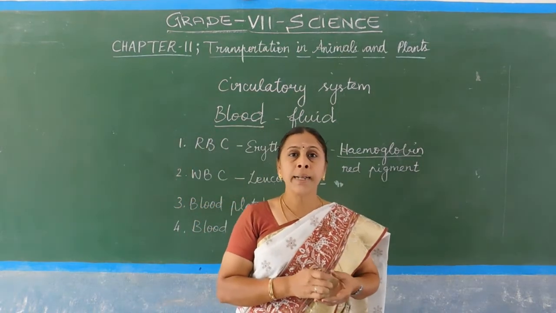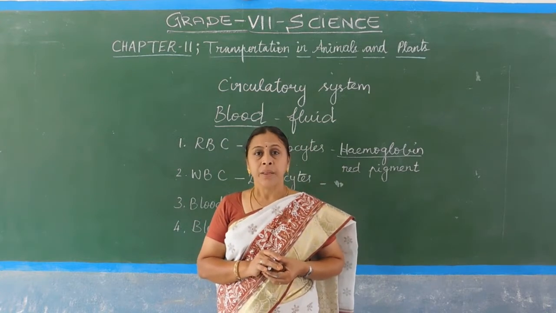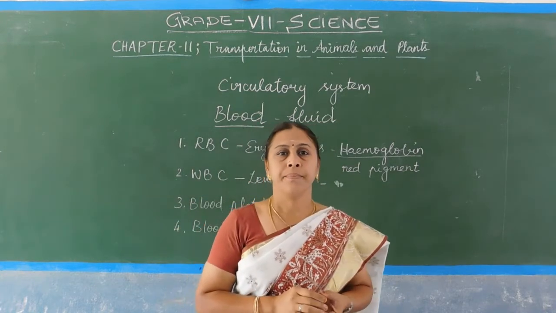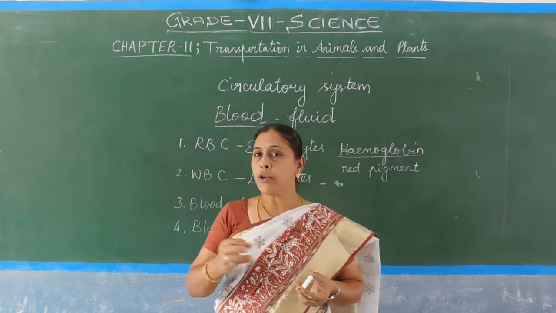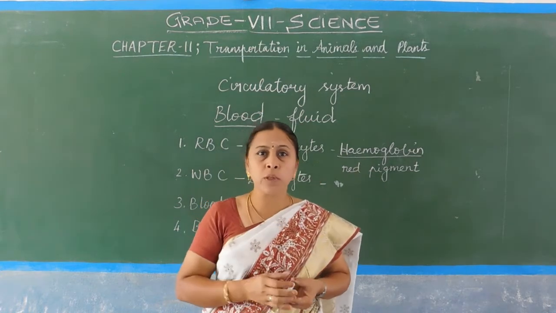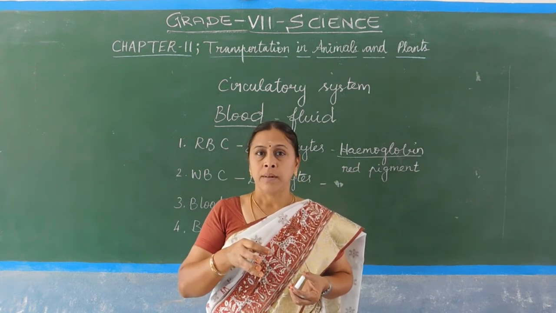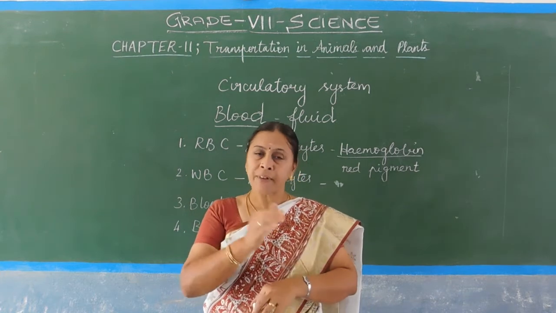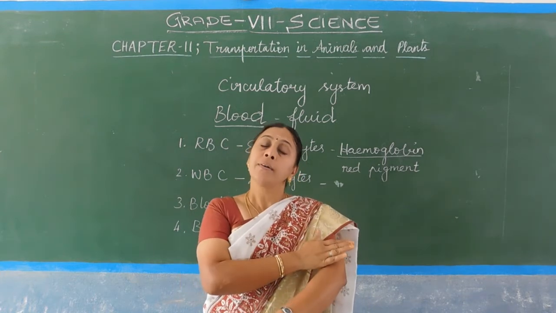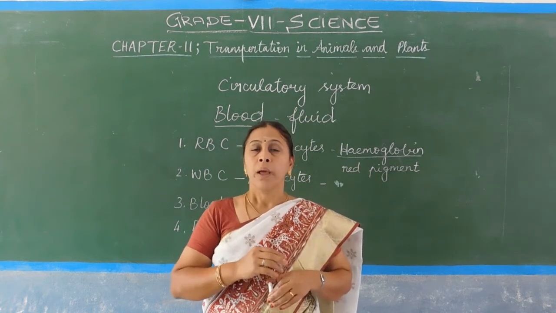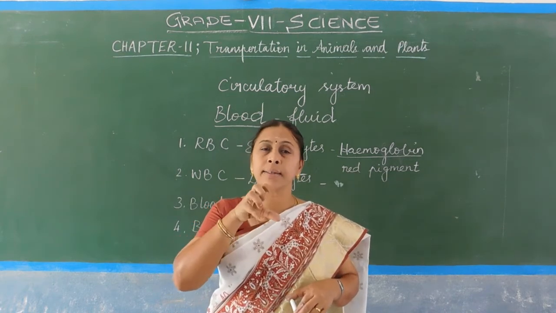So blood platelets are the cells which make the blood become thickened. That means if you fall down, you will get a wound and from that the blood oozes out. After some time, automatically if it is a small wound, from the cut of the wound, the blood will stop by forming a thickened substance.